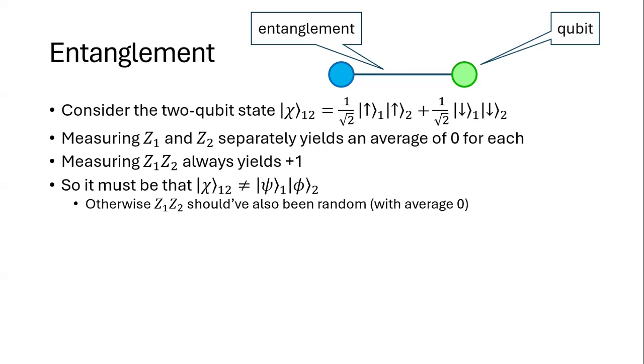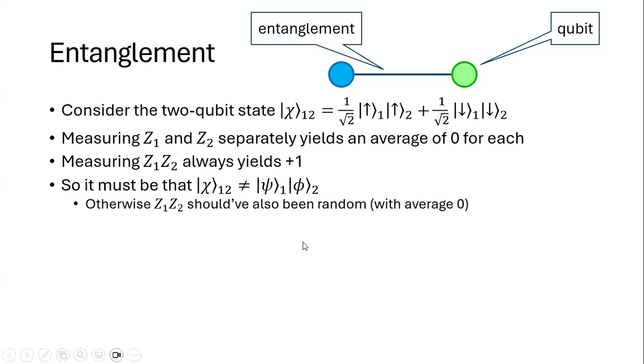So this tells us that the state of our qubits should not be separable, meaning that it cannot be written as the product of the two individual qubits. Because otherwise we would have found that there is no particular value that the parity would take. So on average, it will have a value 0. But that's not what we find here.